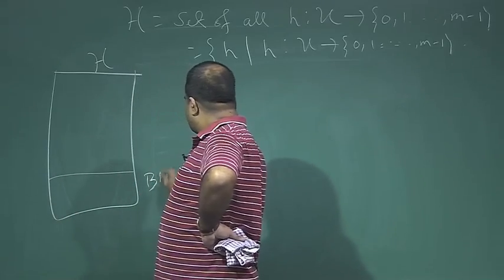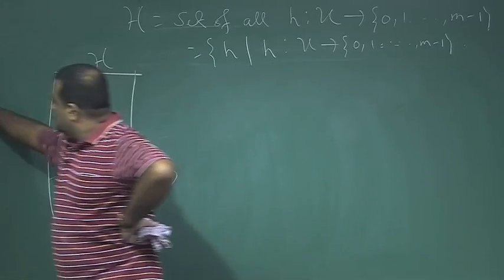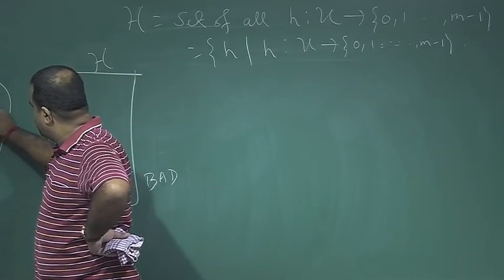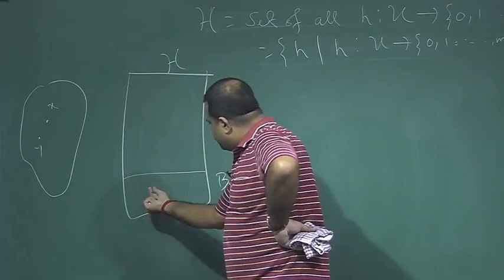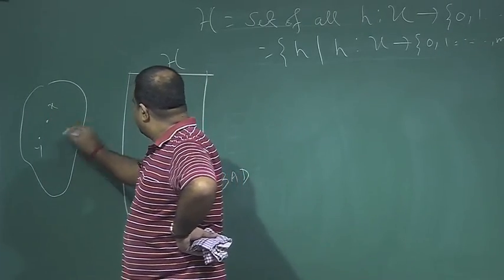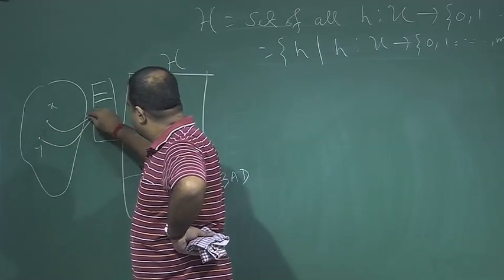How do we define the bad portion? Bad portion means if you take any two keys x, y, and we choose the hash function from this bad portion, then these two will collide.